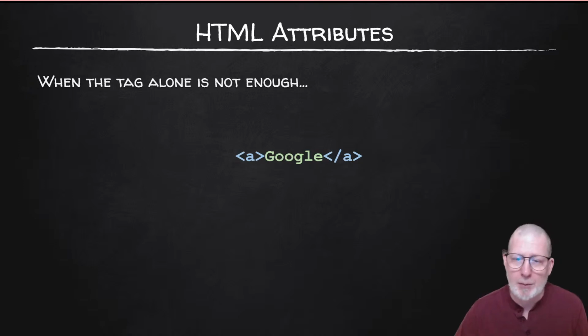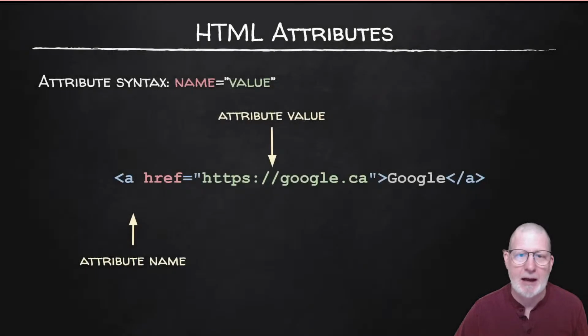So the way we compensate for that is that every HTML tag has the ability to have additional attributes attached to it. Those attributes are put in the opening tag, and they always come in the same form.